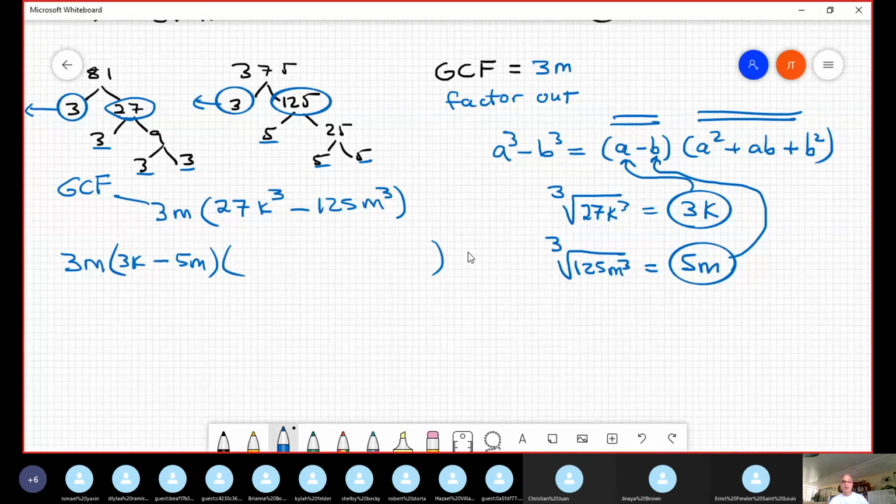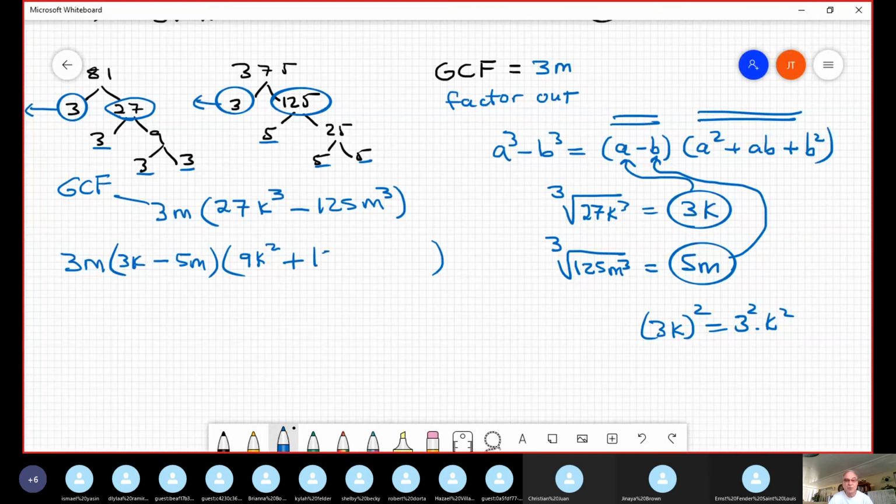Look at the formula. The second part is a trinomial with three parts. So a squared: 3k squared is 9k squared. Where does this 9 come from? 3k squared is 3 squared, which is 9, and k squared. 9k squared plus, because it always is plus, the multiplication of both, 15km in alphabetical order, plus b squared, which is 25m squared.